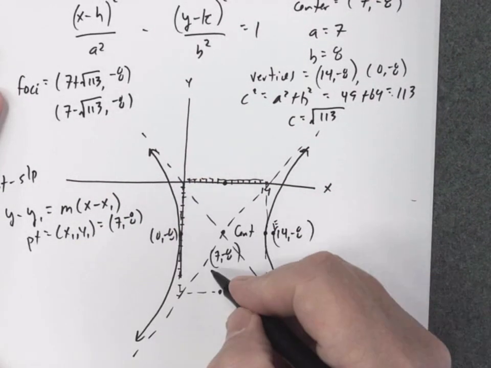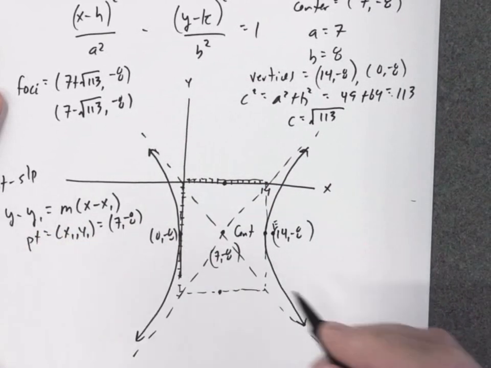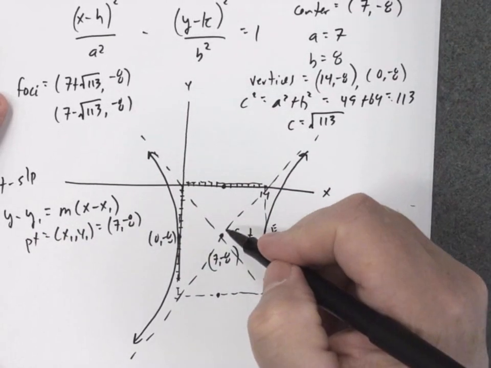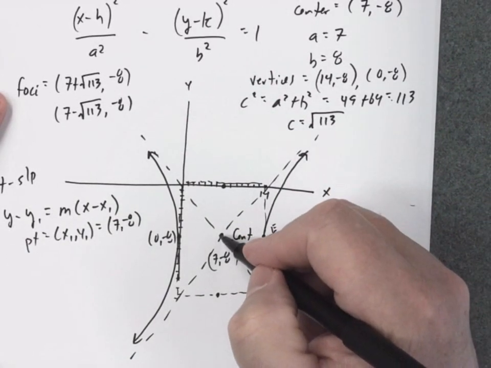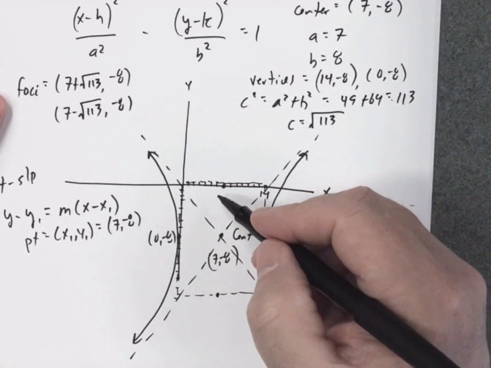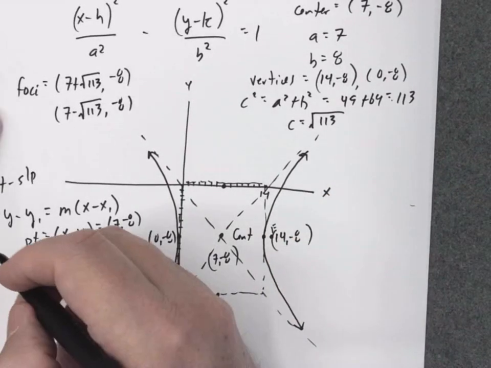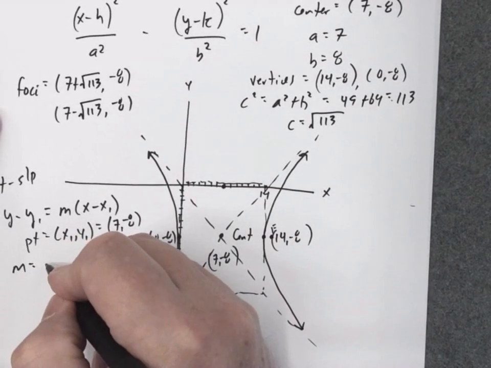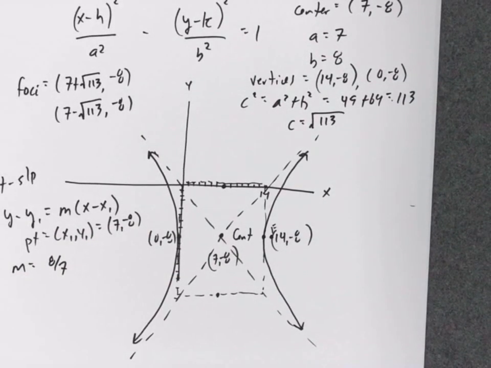Now for the slope, so there's two asymptotes. This first one has the positive slope. So once again, you go to the center, and I'm going to step off to this corner, and I realize when I go up, my rise is going to be 8, and my run is going to be 7. So rise over run, the slope is 8/7.